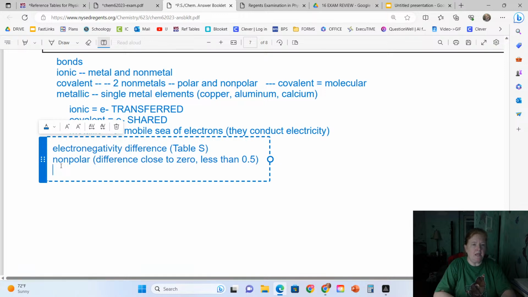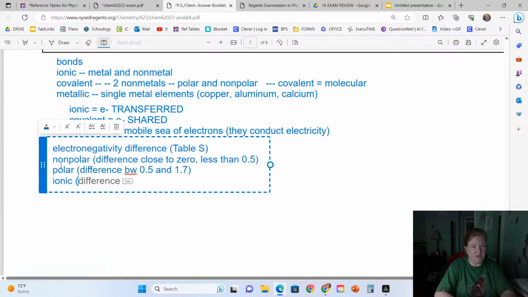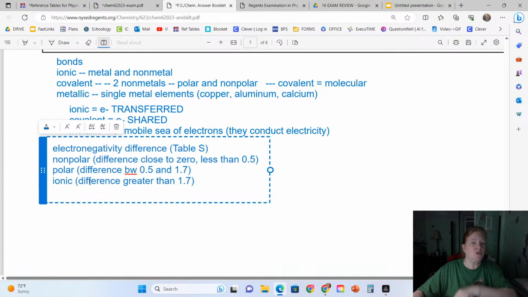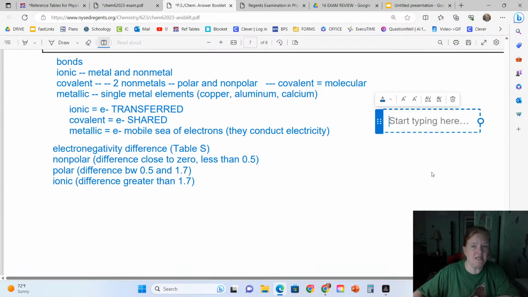Okay. And polar means the difference is between 0.5 and 1.7. Okay. And ionic would be the difference is greater than 1.7. Okay. So those are bonds, and these are intramolecular. They hold molecules together.